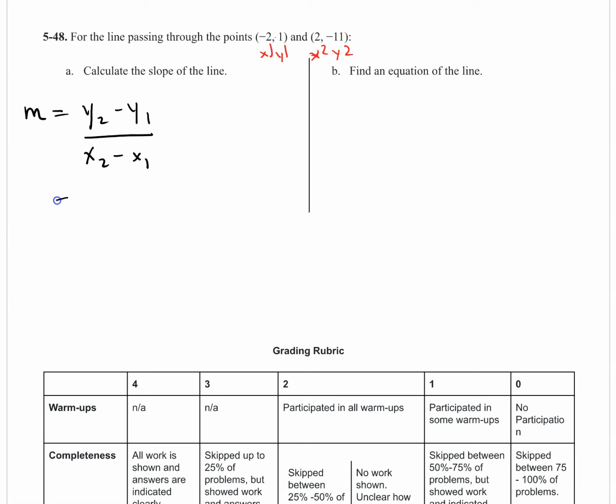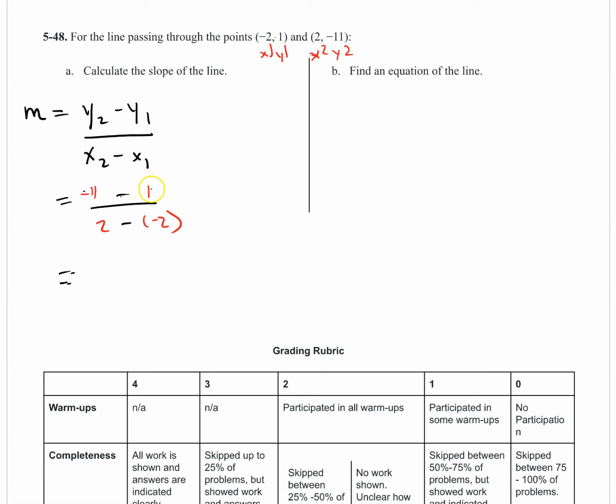Alright, so to find the slope, you put it into this equation. That's going to be y2 minus y1. That is negative 11 minus 1. y1 is 1. x2 is 2, so that's 2 minus negative 2. So be careful with the negatives here.